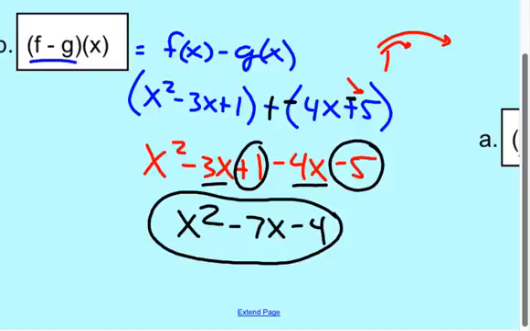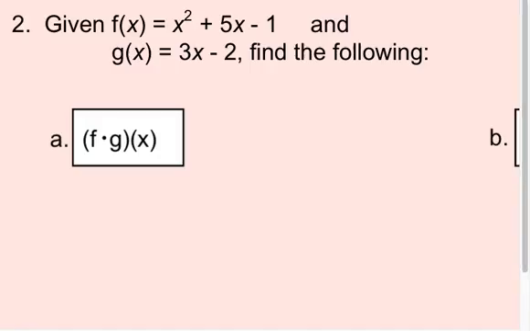So adding and subtracting polynomial functions, we're just working with when it's written like this, understanding what you do with it. Okay, so a little bit different functions here. Here's f of x, x squared plus 5x minus 1, and g of x is 3x minus 2.